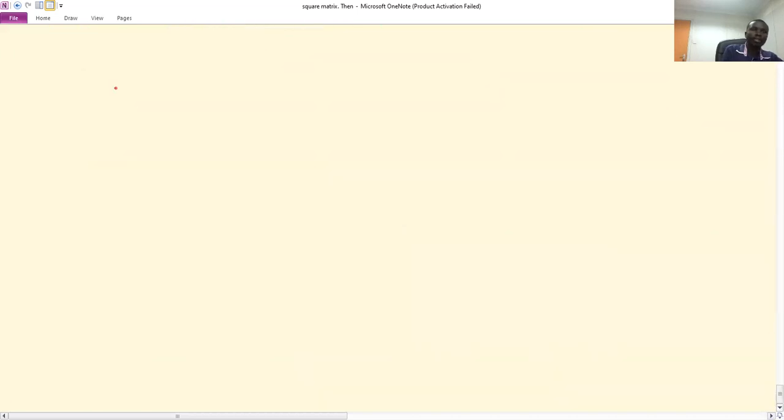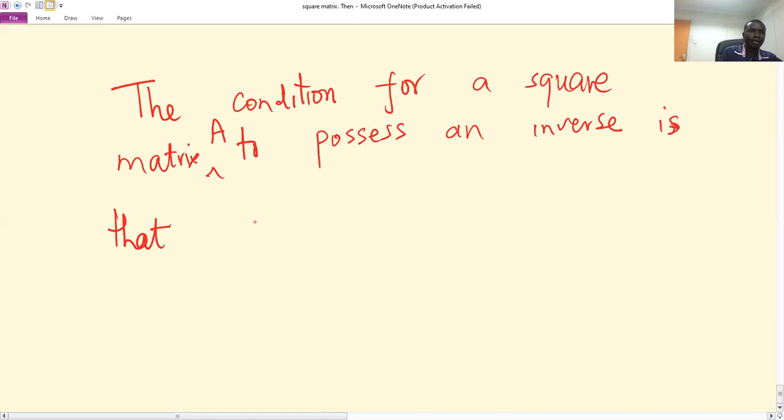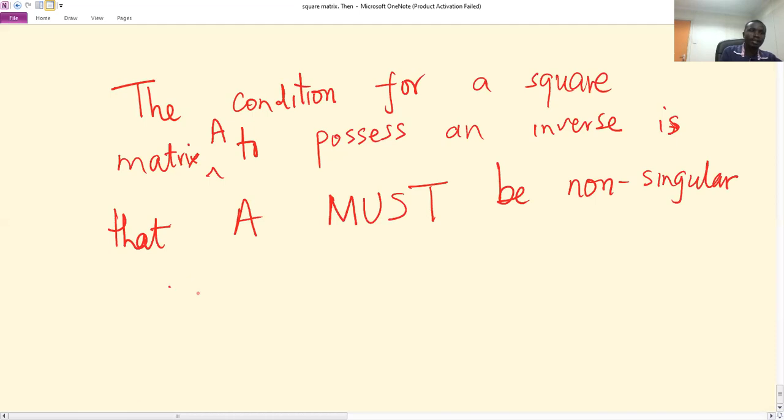So the condition for a square matrix A to have an inverse is that A must be non-singular, that is, the determinant of A must never be 0.